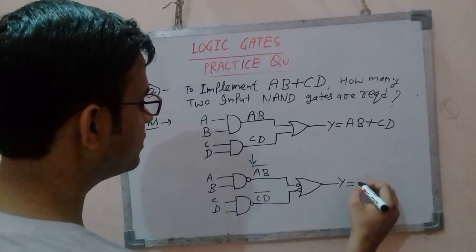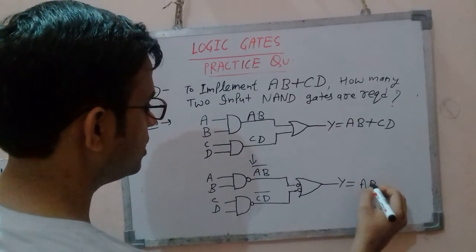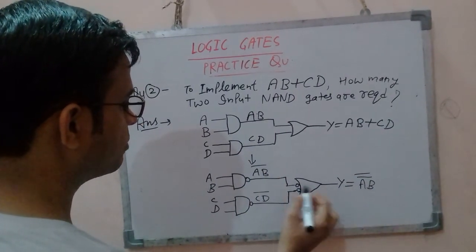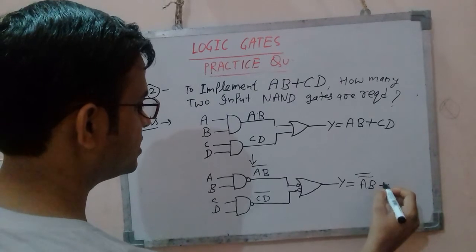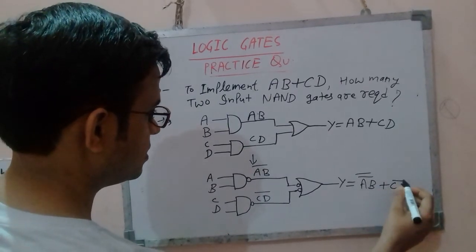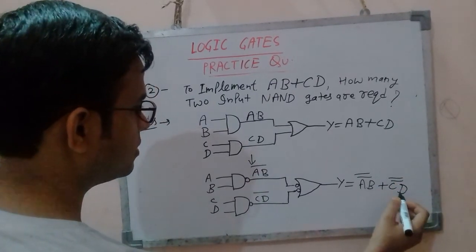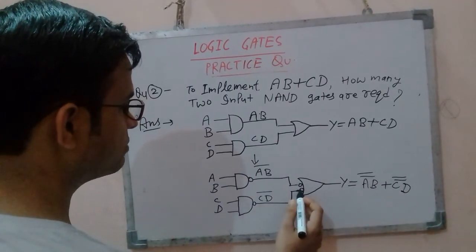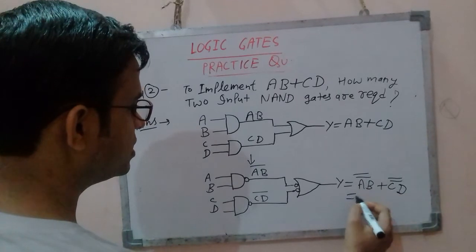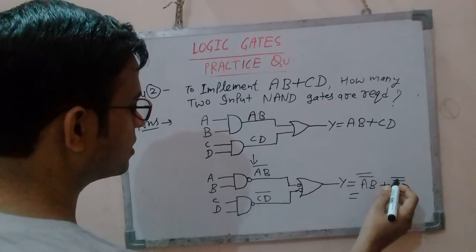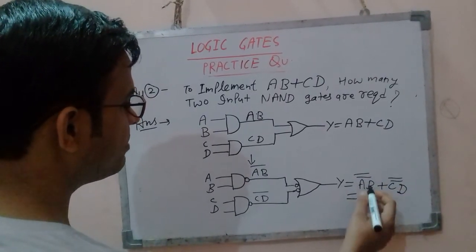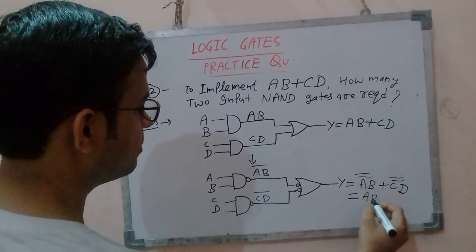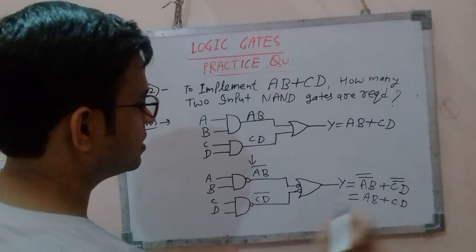Finally you are left with what? AB, 1 bar is due to this bubble, that means double bar, plus CD double bar, that means 1 bar is already there and 1 bar due to this bubble. This bar gets cancelled with this bar, this bar gets cancelled with this bar. Complement of complement, you will get the original, that means AB plus CD, right?